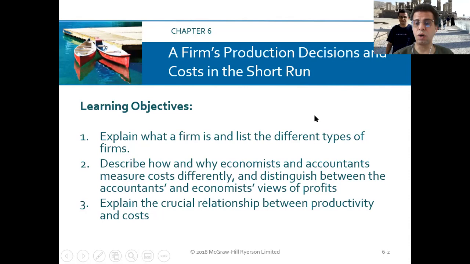Describe how and why economists and accountants measure cost differently, and distinguish between the accountants' and the economists' view of profit, and explain the crucial relationship between productivity and cost.